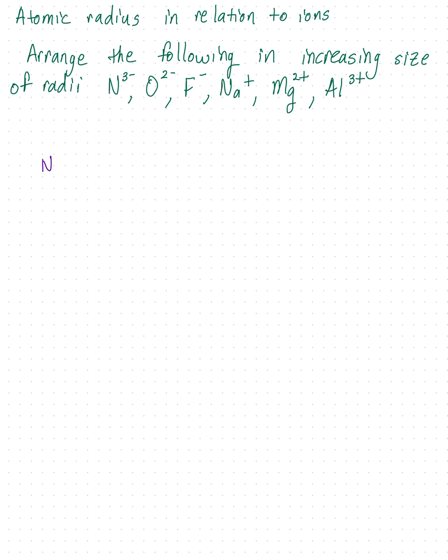So for nitrogen specifically, this is just the valence electrons. We're going to have 1, 2, 3, 4, 5 electrons, and then you have 1, 2, 3 electrons gained.